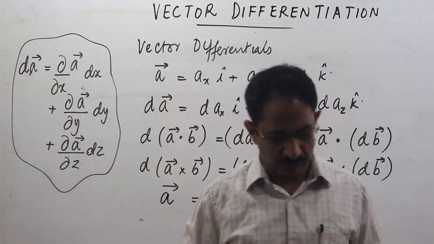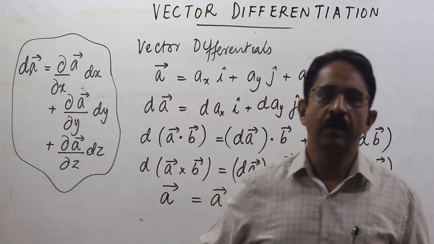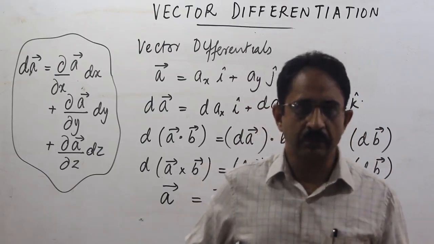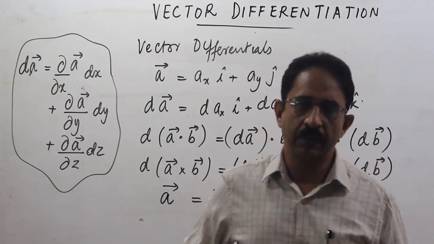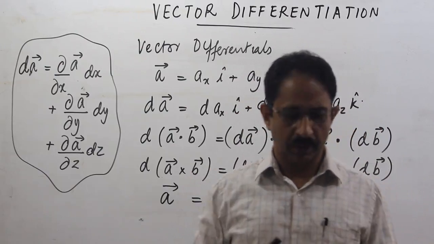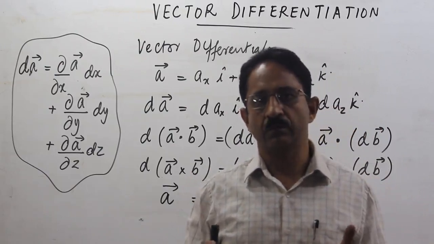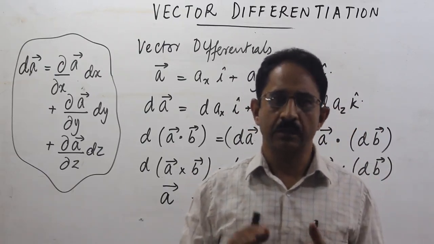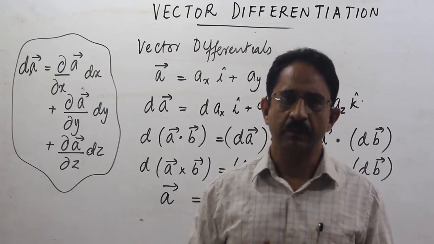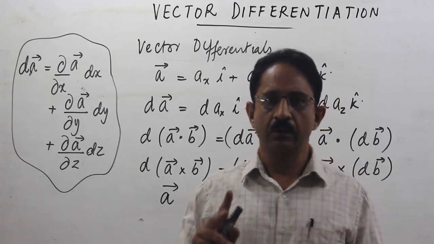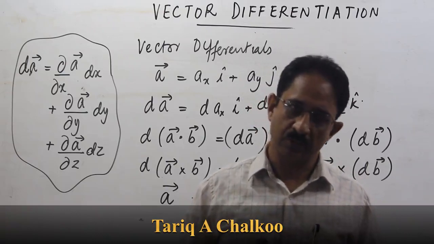So far we have seen that the calculus of vectors, where we have taken only differentiation so far, is almost similar to what we do in the case of scalars. You have to be a bit careful about the non-commutative property in the case of the cross product.